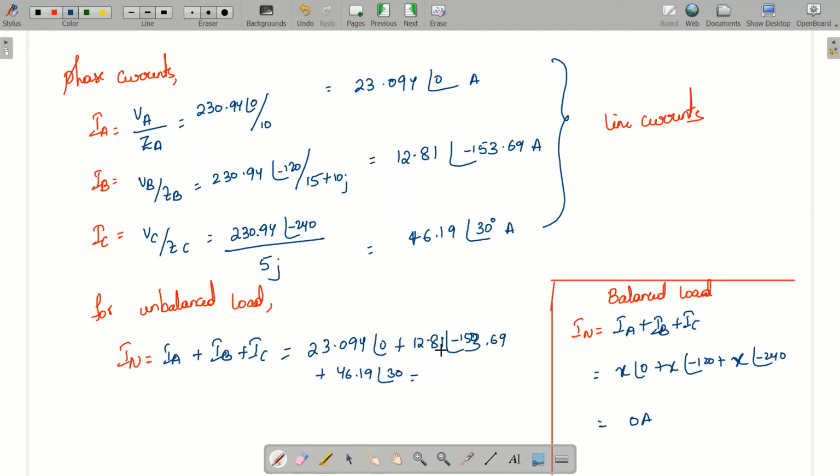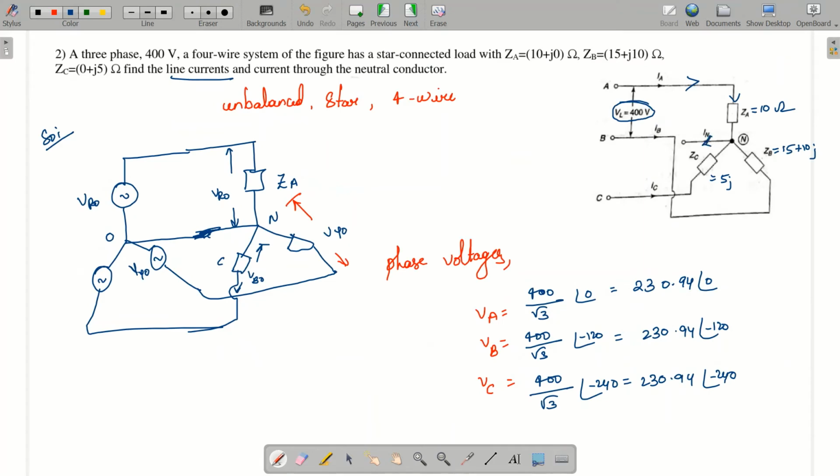Okay. So, solve it, you will get it as 54.47 at an angle of 18.65 degrees. Okay. So, this will be the current flowing through the neutral wire.